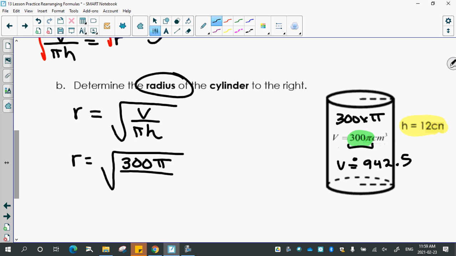Okay? And then we've got a pi on the bottom. And we can replace height with 12, because it gives us the height. All I did was replace volume with 300 pi, because that's the volume, and replace height in brackets with 12. Pi times 12. Okay? So I just plugged in the numbers they gave me into the formula in the right spot.